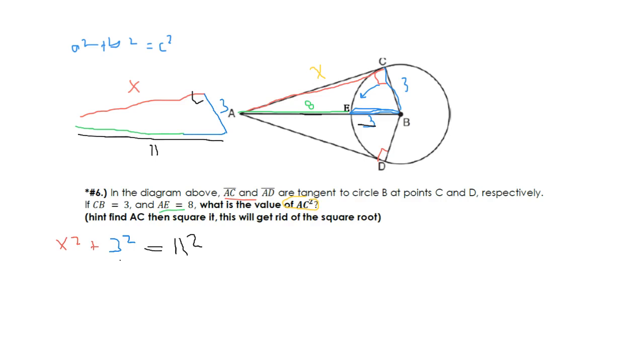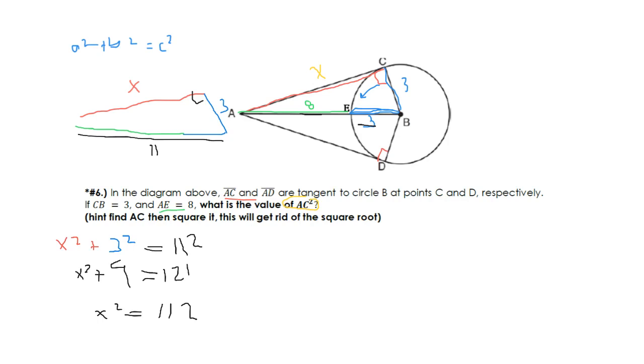So 3 squared is 9. 11 squared is 121. I'm going to subtract 9 from both sides. So x squared equals 112.